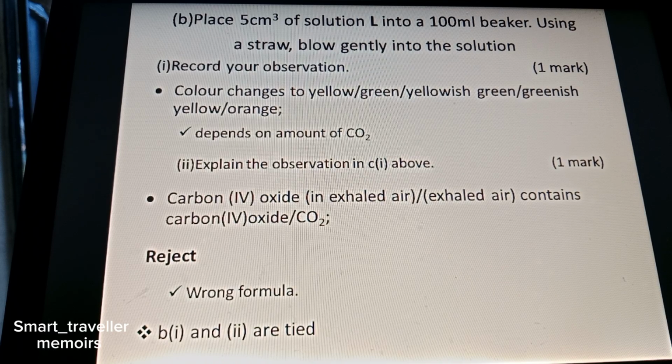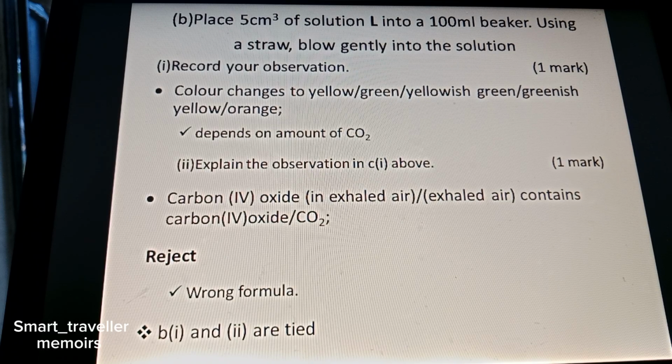And these color differences are as a result of the amount of carbon dioxide present at that time. So it depends on the amount of carbon dioxide, or CO2.